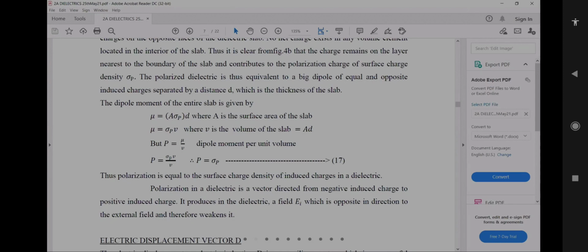So polarization produces an internal electric field, EI, which is opposite in direction to the external field and therefore weakens it. This induced electric field opposes the external electric field and weakens it.